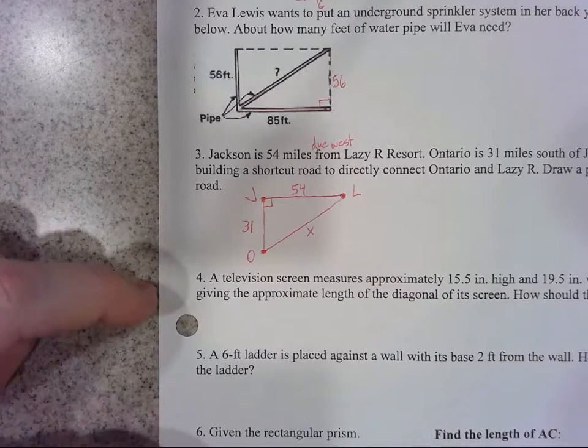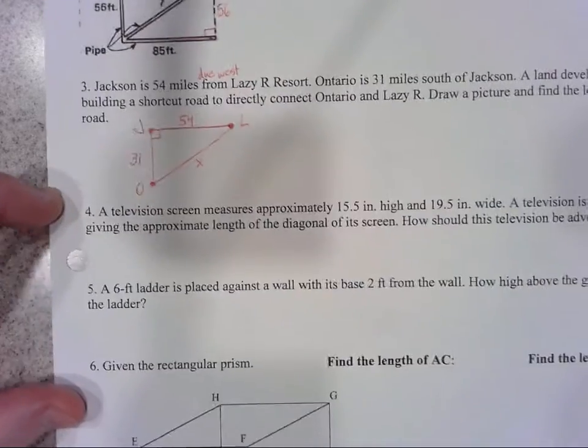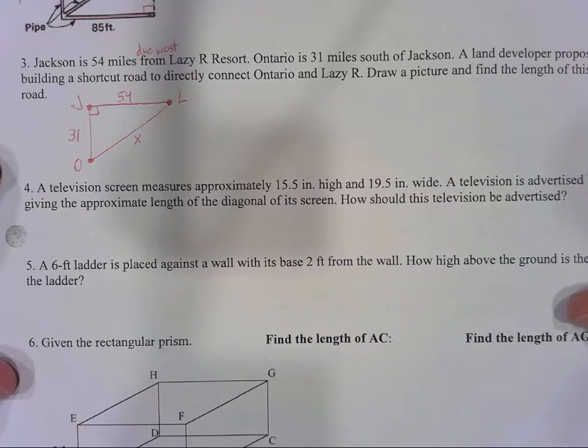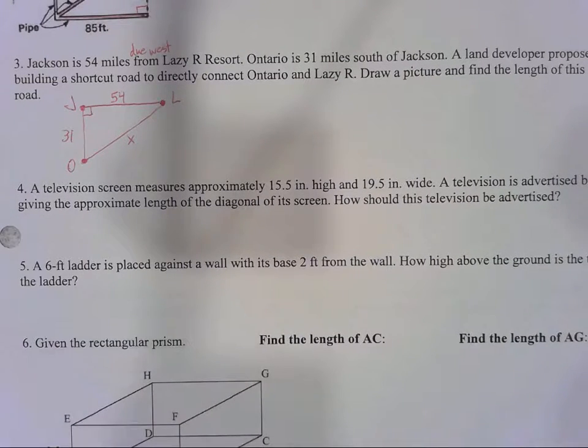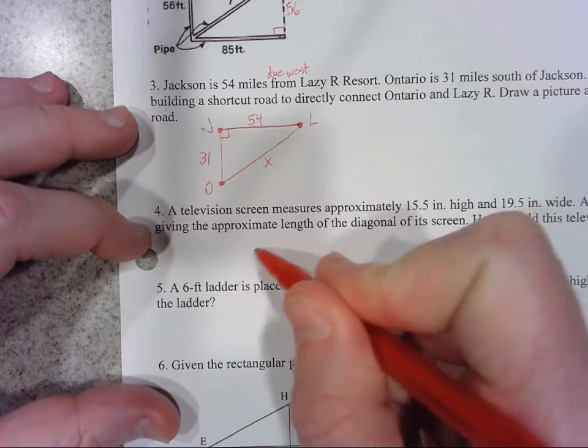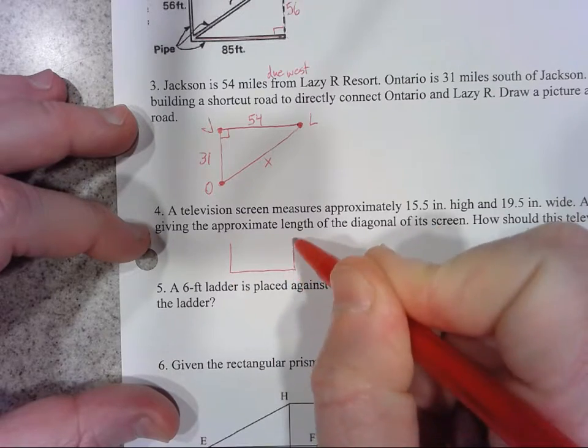Number 4, a television screen measures approximately 15.5 inches high and 19.5 inches wide. Televisions are advertised by giving the approximate length of the diagonal. Your television screen is typically a rectangle.